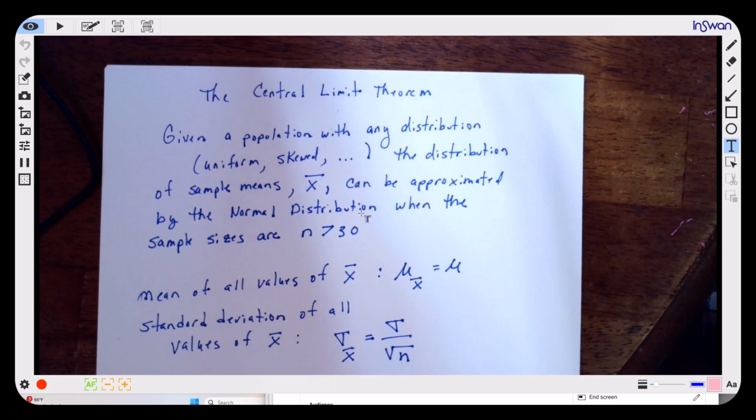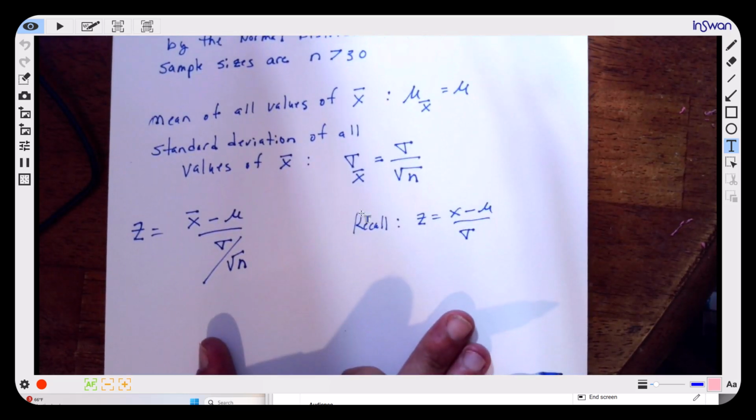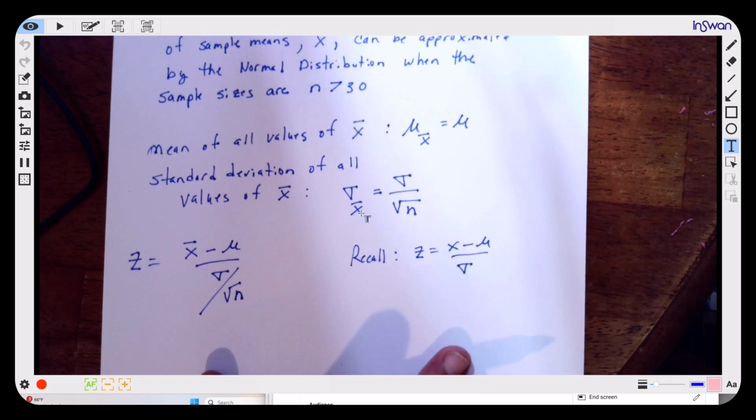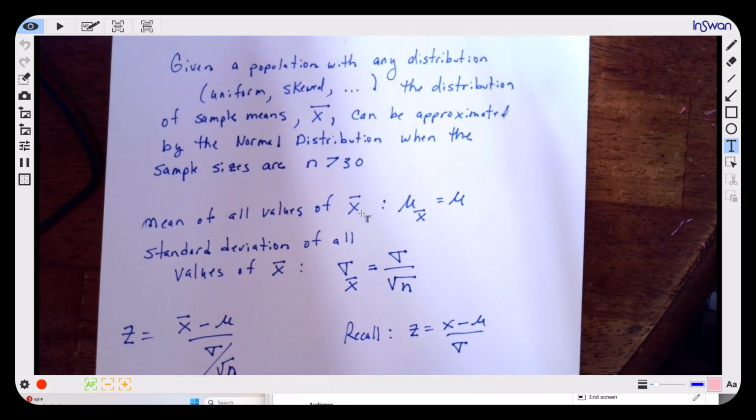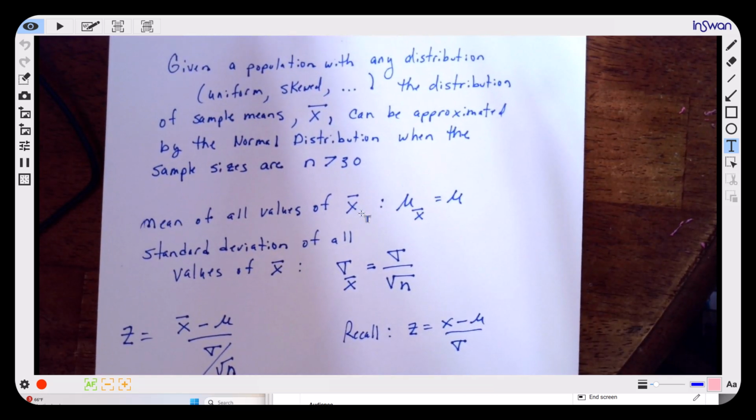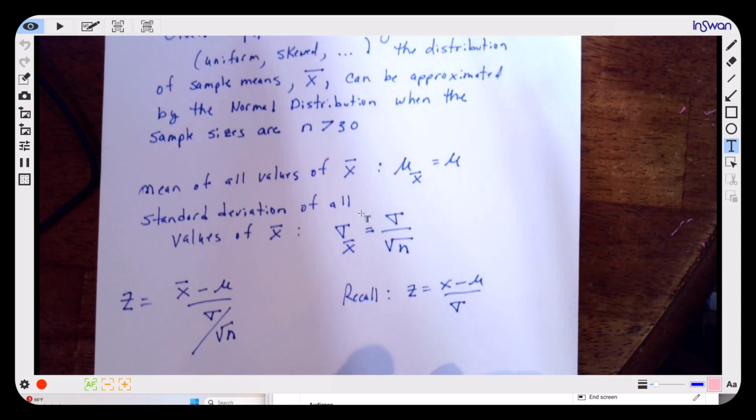Since the sample size is greater than 30, we can use the normal distribution. When you're going to use the central limit theorem, it's not going to say that your distribution is normal. It's just going to say that the sample size is greater than 30.